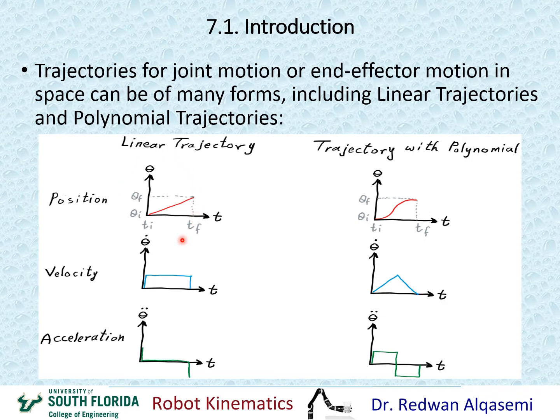So this plot here shows the time versus position. And if you look at the velocity profile, we have a constant slope here, which means that we have a constant velocity. And that constant velocity translates into zero acceleration.